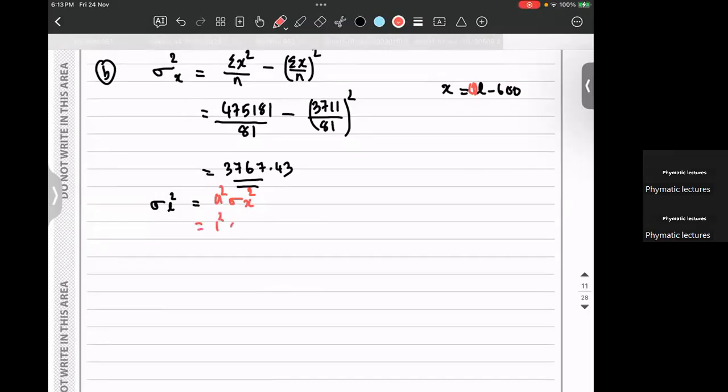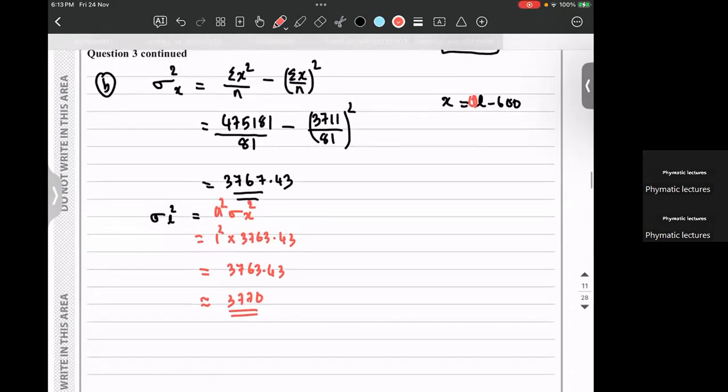So here it is 1 square, 1 square times 3767.43. So that is 3767.43. And if you are rounding to 3 significant figures, the answer is 3770. So that is the answer for this particular question.